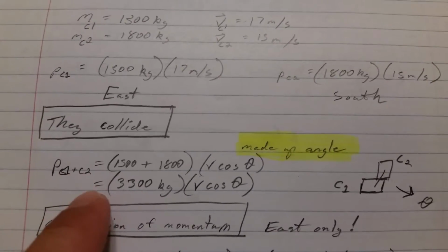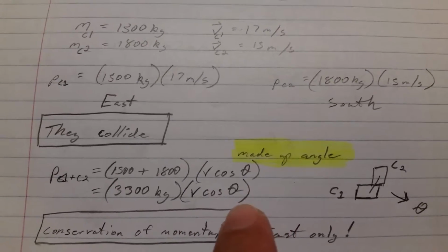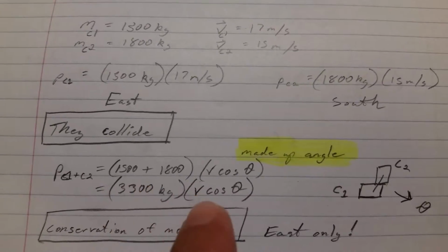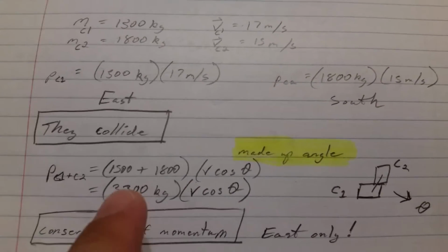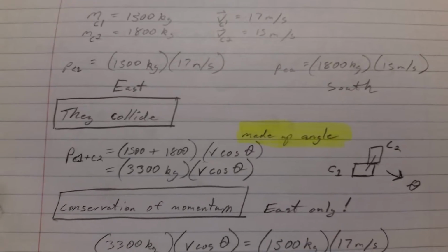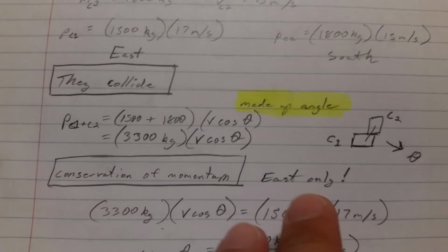so when they collide, in the east direction only, so in terms of a graph, this would be the X component only. This is what it would look like with the conservation of momentum, due to the law of the conservation of momentum.